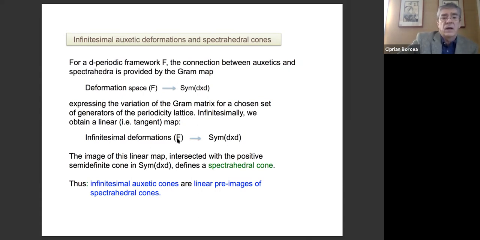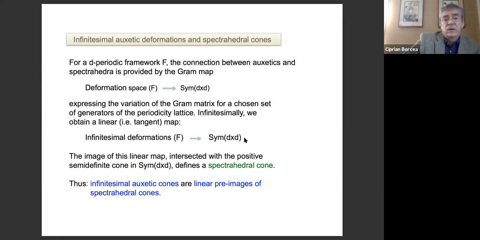And now here we can look at the positive semi-definite cone. And if we end up there, the infinitesimal deformation is called auxetic. And this immediately gives us the chief structure of the auxetic infinitesimal deformations.